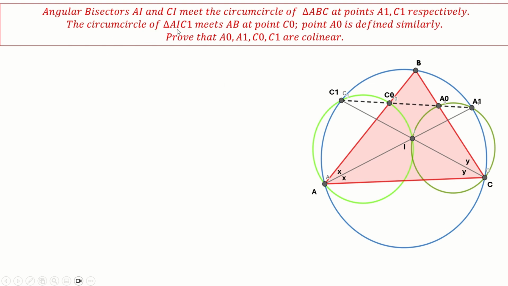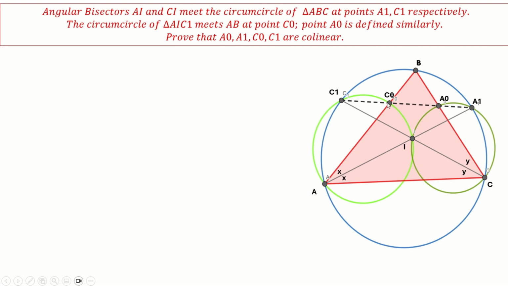Now, the circumcircle of AIC1, this point is I. Now, circumcircle of AIC1, that is this light green circle.